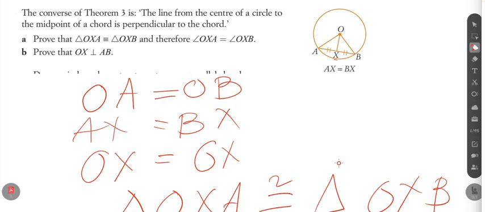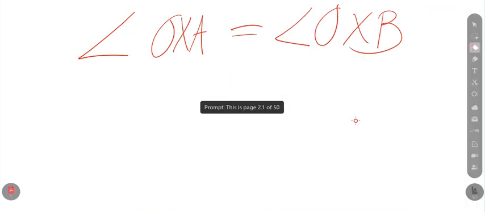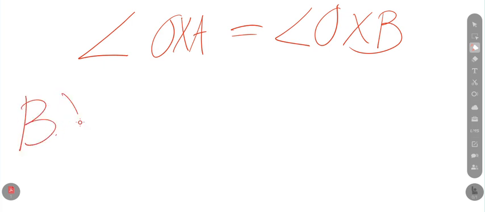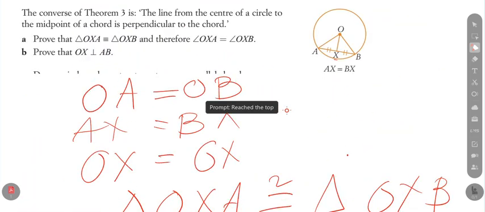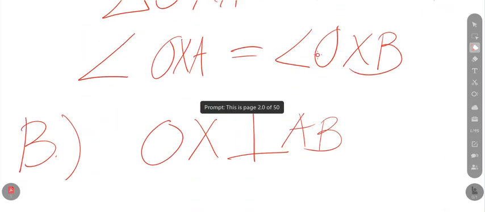Let's see. For part B, we need to prove that OX is perpendicular to AB. Looking at the figure again, let's add all the angles.